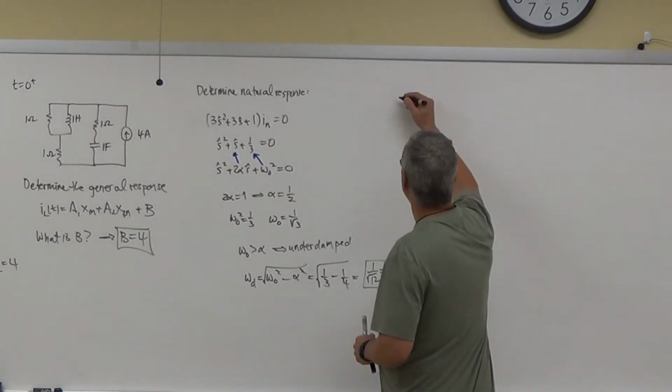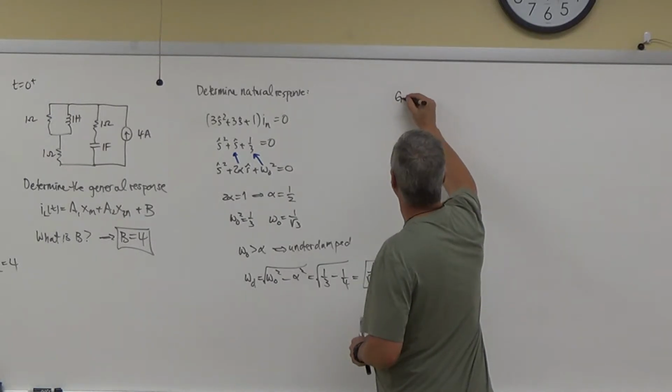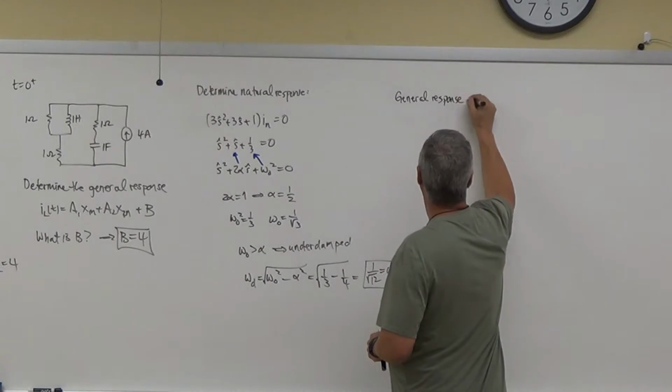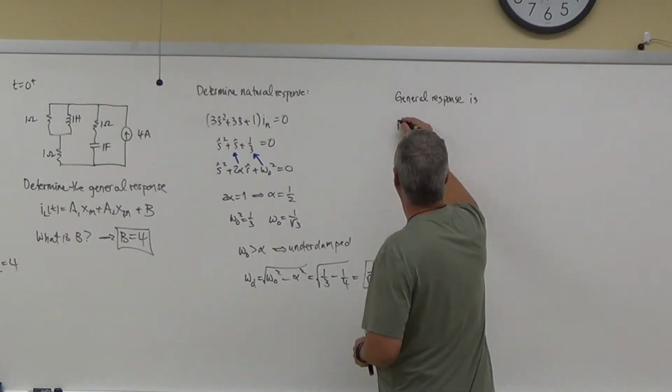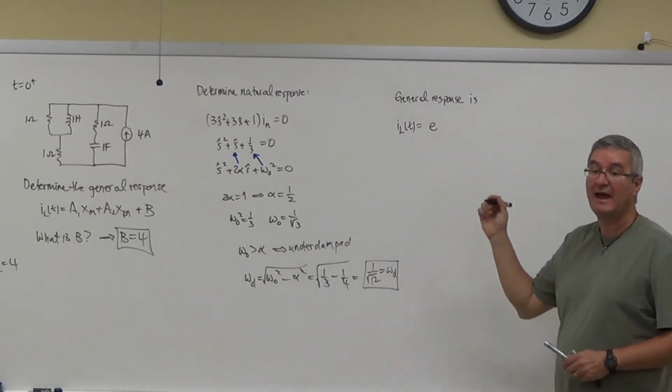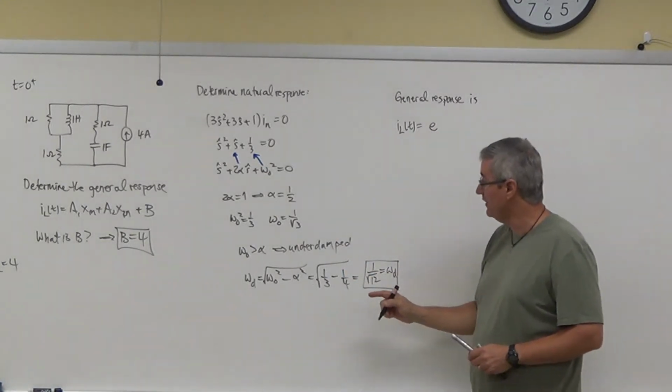So that means my general response is going to be iL of t equals e to the minus alpha t. What's alpha?